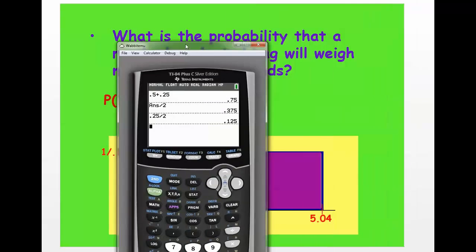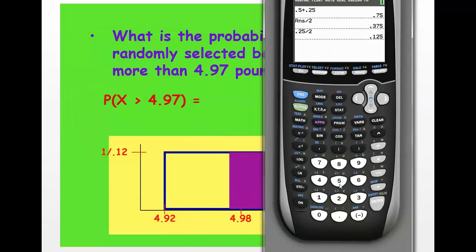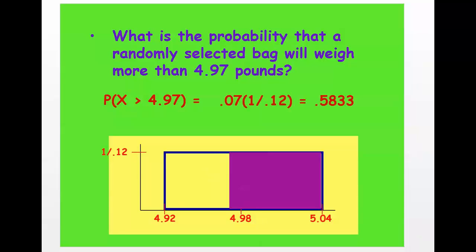We know the 5.04 is on the high end, minus the 4.97. And that gives me a length of 0.07. So when I put that in the formula of length times height, 0.07 times 1 divided by 0.12, I get an area of 0.5833, which means about 58% of the time I would expect to see something bigger than 4.97.